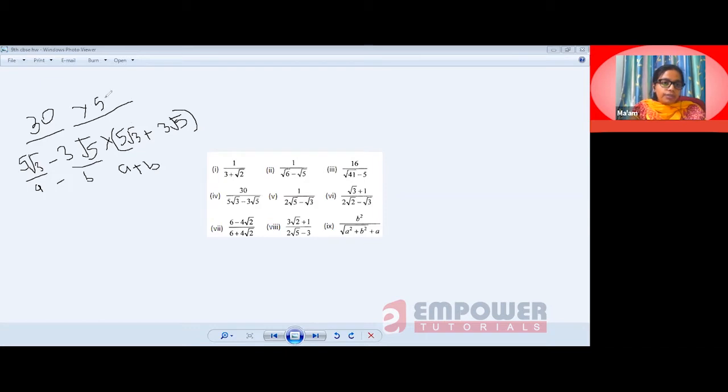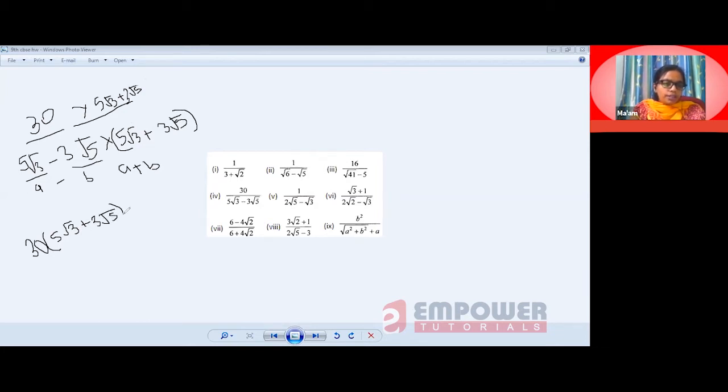So this will be 5 root 3 plus 3 root 5. So I will get 30 into bracket 5 root 3 plus 3 root 5.